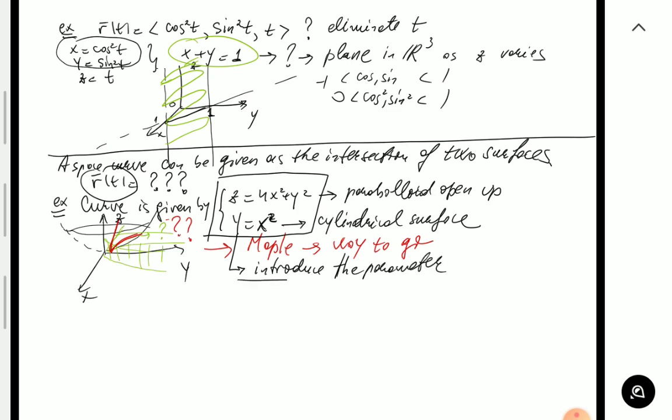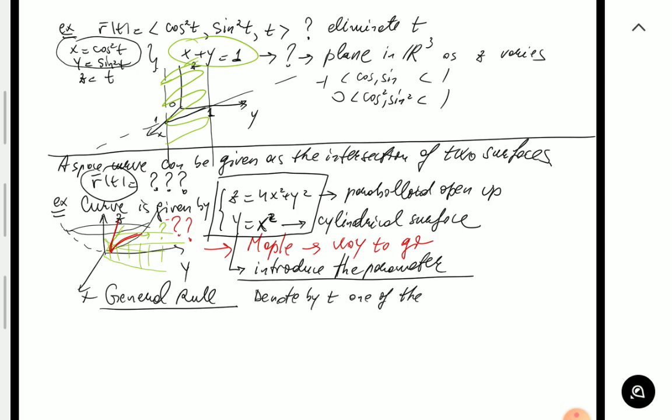The parameterization is not unique, but as a general rule, what you want to do is denote by t one of the variables x, y, z, and then solve for the other two in terms of t.